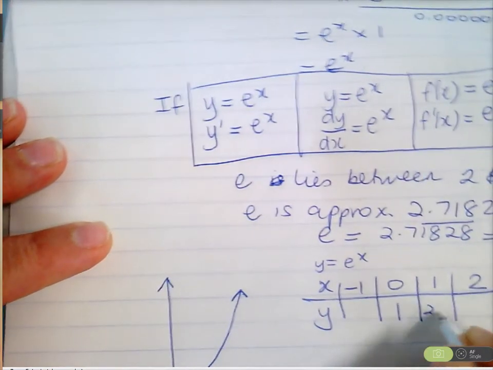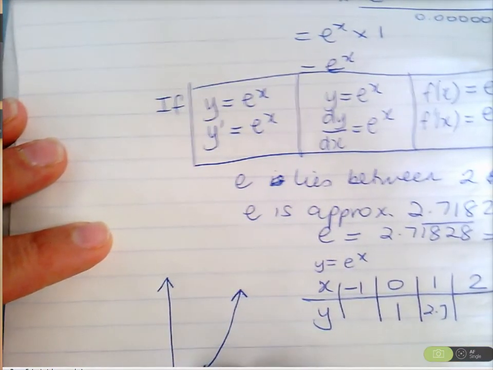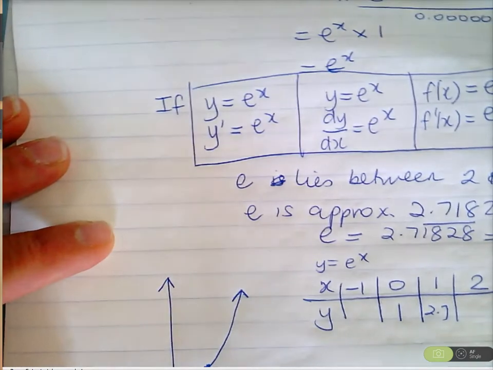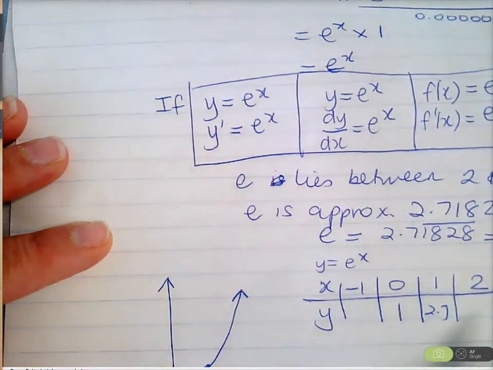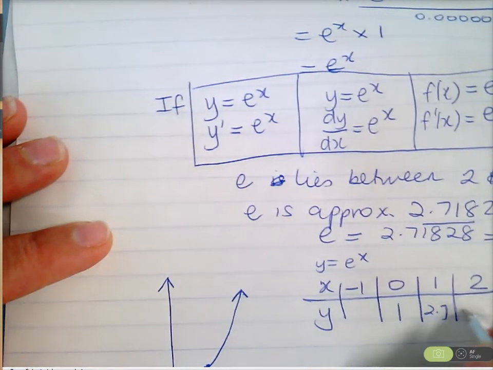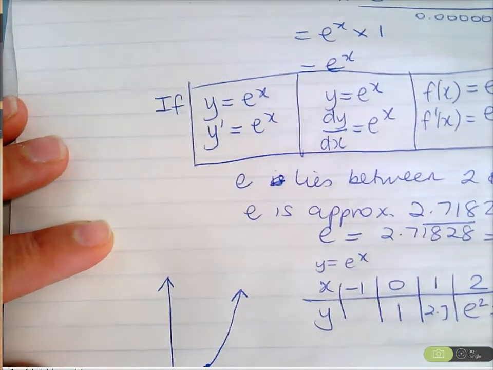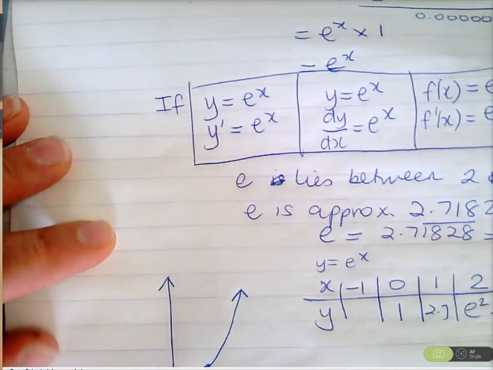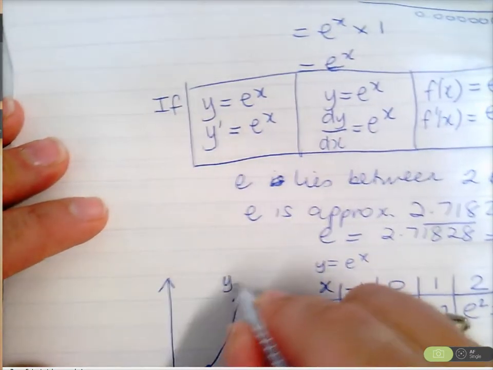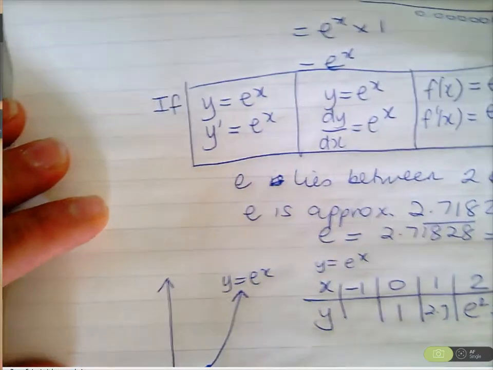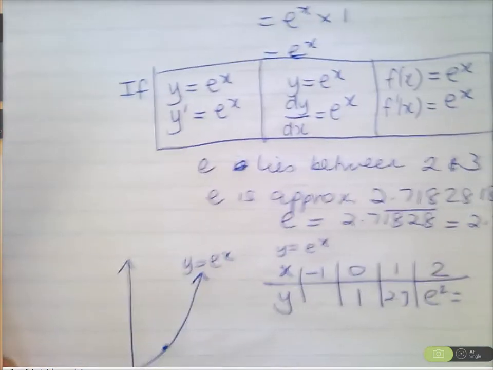E to the 1 would be 2.7 approximately. Of course, this is not to scale. E squared is whatever you get. E to the minus 1 is whatever you get. Point something. If I draw it, what's the derivative function?